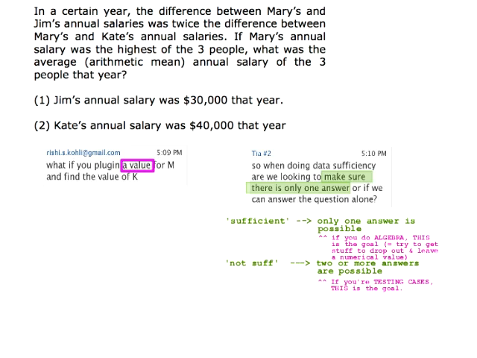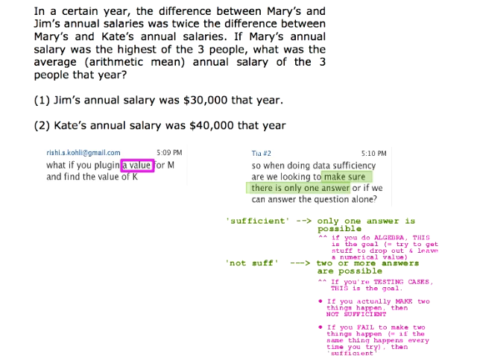If you actually make two things happen, then it's not sufficient. If you fail to make two things happen, in other words, if the same thing happens every time you test a case, then you basically just give up and say sufficient.